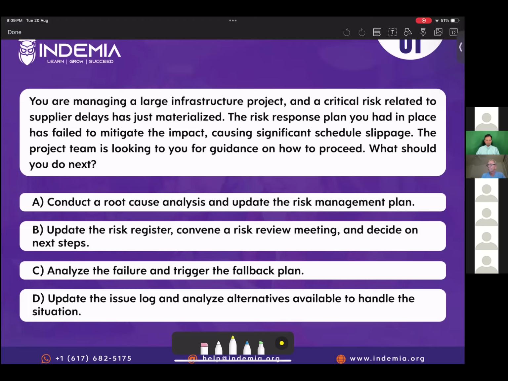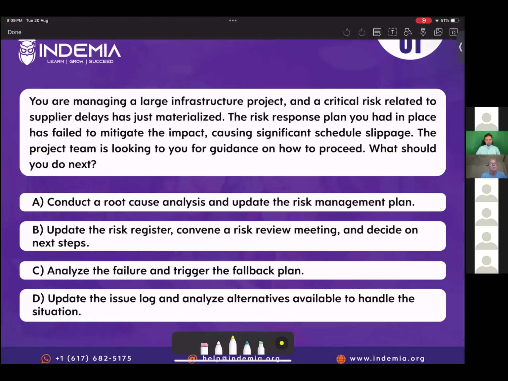Conducting a root cause analysis, I already know that my project is at risk, right? Update the risk register. Just by updating, what's the next step I need to guide my whole team? So I think I would analyze the failure and then trigger a fallback plan. What are we going to do next? We know that the project schedule slipped. What's the next action, right? So that's why I went with C. All right, thank you, everybody.